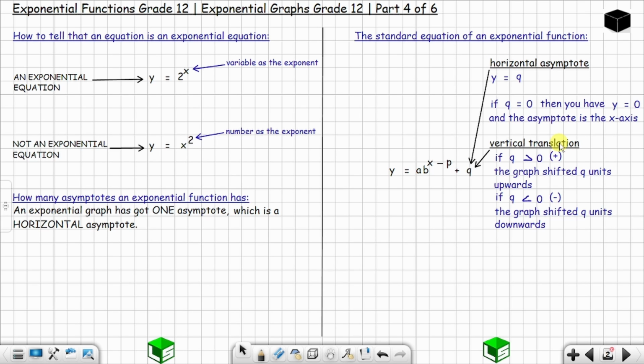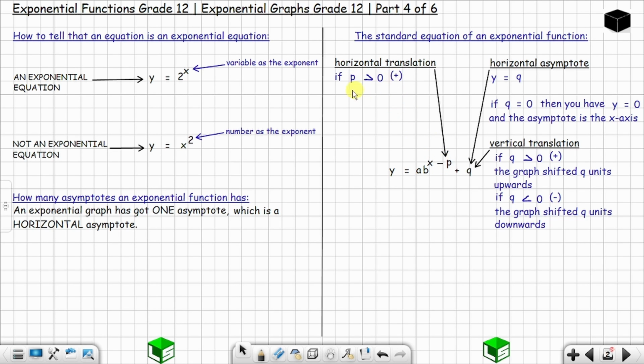We move on. Now let's look at the value of p. The value of p is going to give you the horizontal translation or horizontal shift. This is a translation happening along the x-axis. When p is greater than 0, this means p is positive, so you have a plus there.